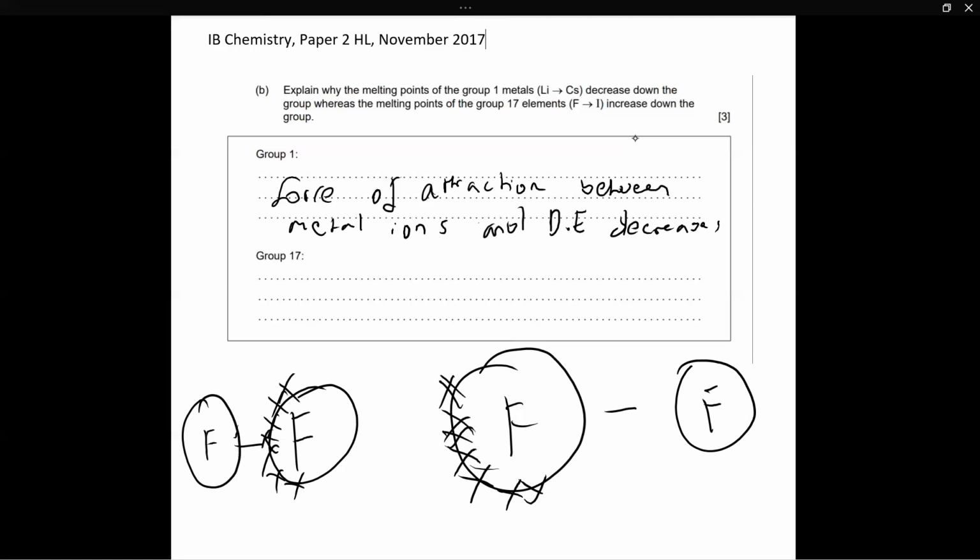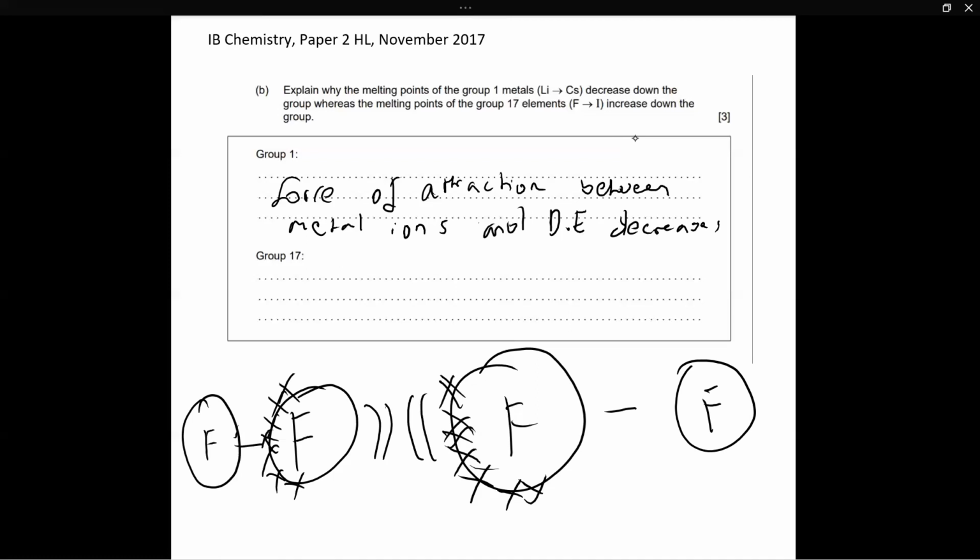However, as you move down group 17, the number of electrons of each element increases, and consequently, the chance of van der Waals or London dispersion forces forming increases.